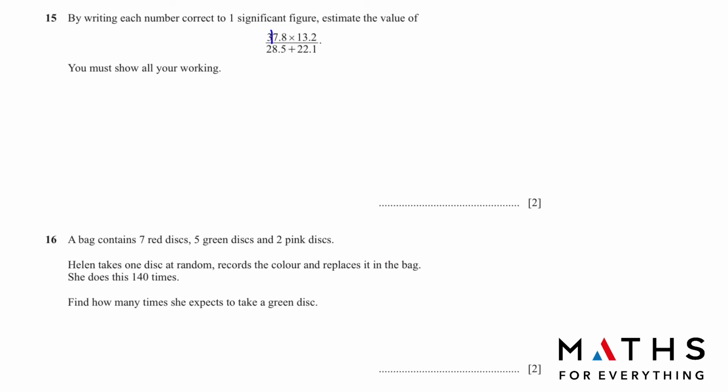If it is 5 or more than 5, you add 1 to it. So that will give us 40. And then 13, if you round it, it will become 10. 28, if you round, we will have to add 1 to the 2 number. That will be 3, so 30. And 22 will give us 20.